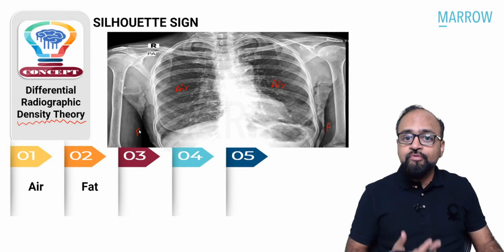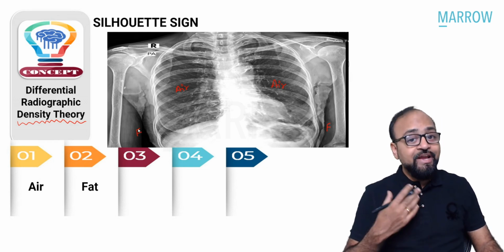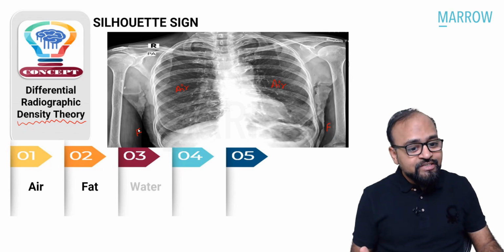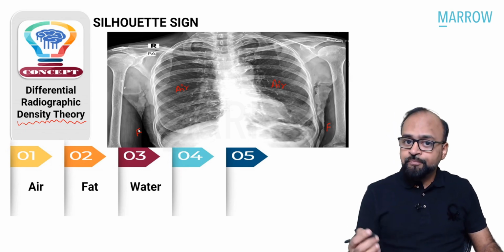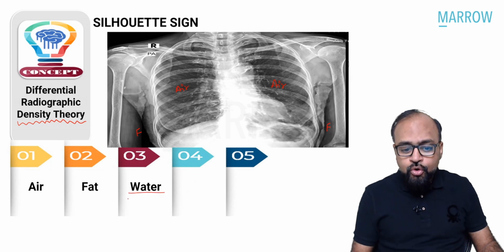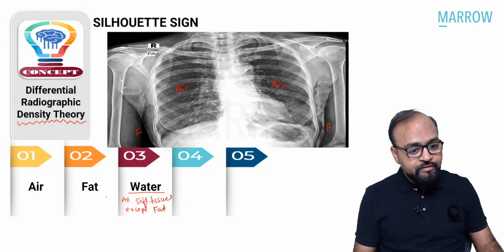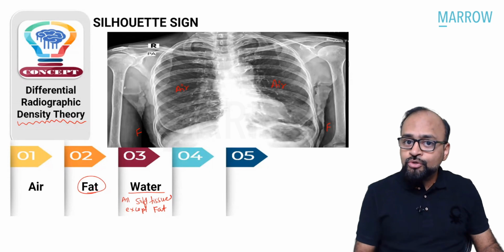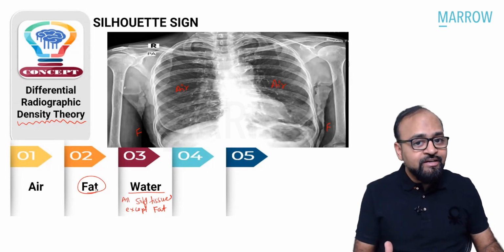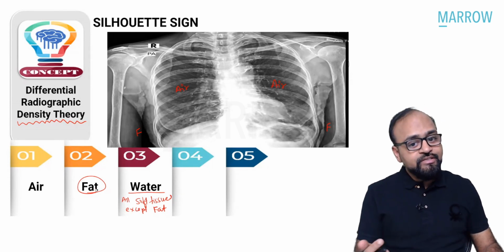The next group of density is the widest or the largest category of density, and that is water density. What is water density? All the soft tissues in the body, except fat, because fat is a separate density, we have already seen that. All the soft tissues in the body other than fat have a uniform density, that is the water density.